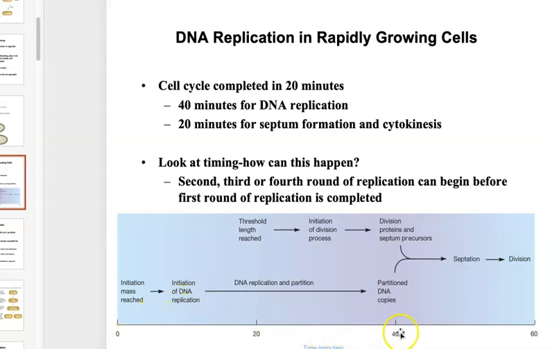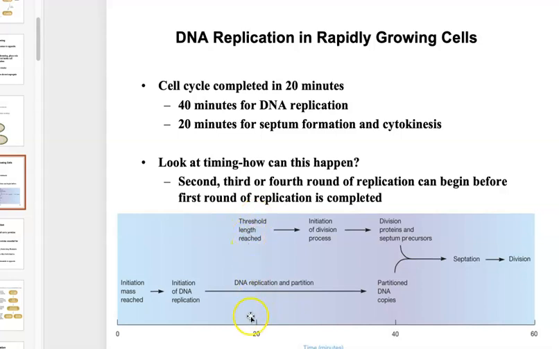So on the x-axis here, you just see time in minutes for a typical E. coli cell. An initiation mass is reached, which means all the proteins and things that are needed for replication of DNA are produced. And then the replisome is assembled at the origin of replication. And then DNA replication starts. At this point, the bacterial cell has reached a threshold length where it's going to start dividing.